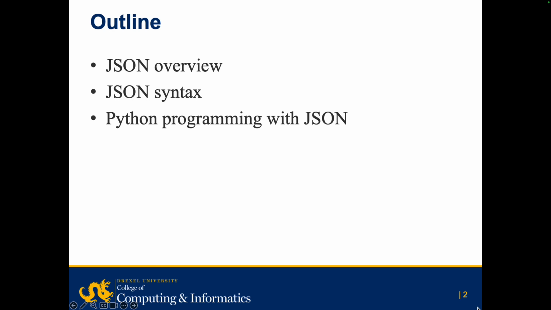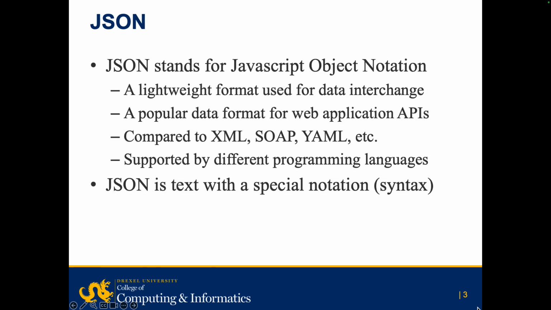But just to highlight a couple of things for JSON. JSON really stands for JavaScript Object Notation. It's a lightweight format used for data interchange. It's now the most popular data format for web application APIs, compared to other formats such as XML, SOAP, YAML.